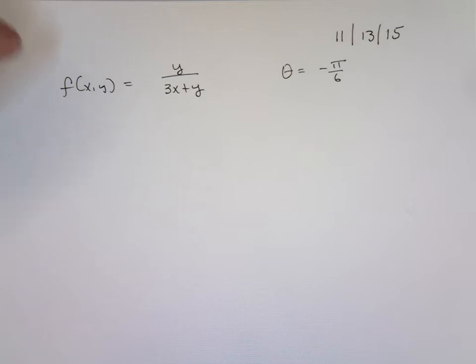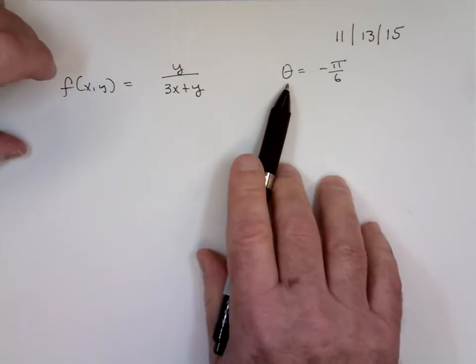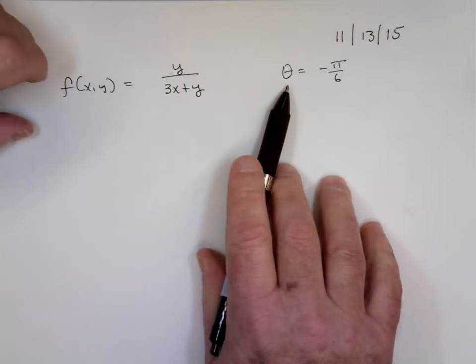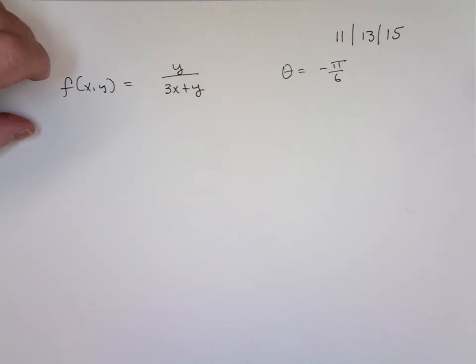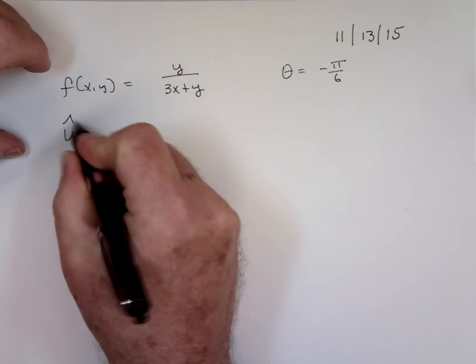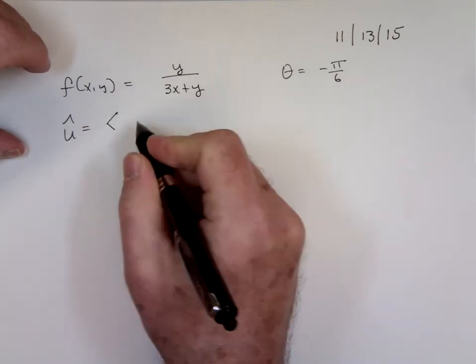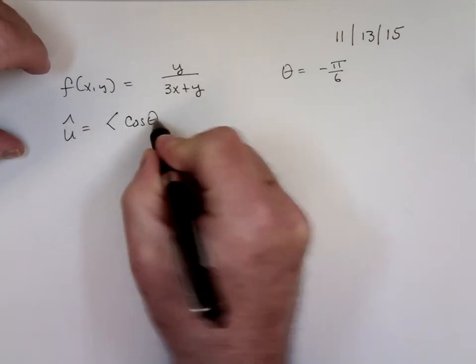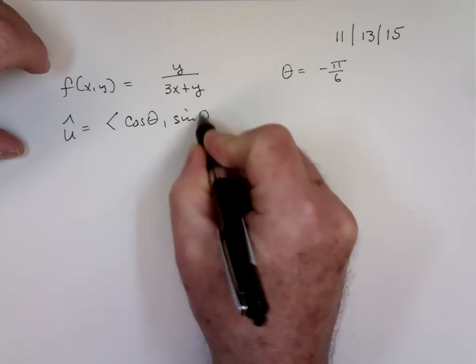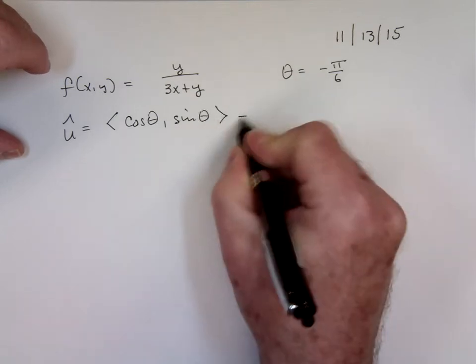That's usual for any unit vector. As long as we have a theta here, we know what direction we're trying to go in.